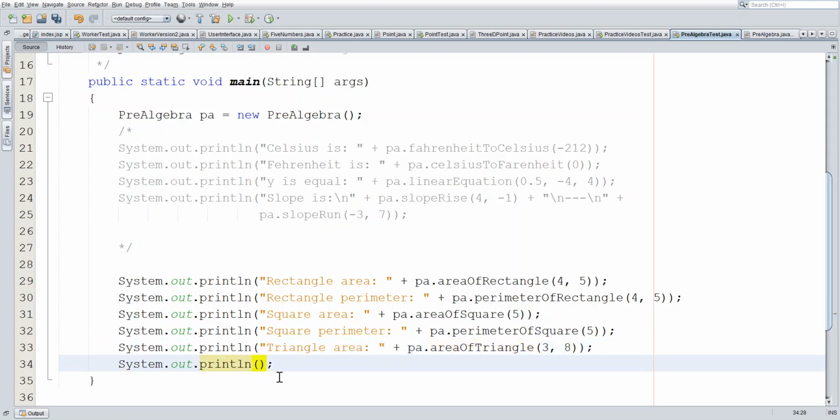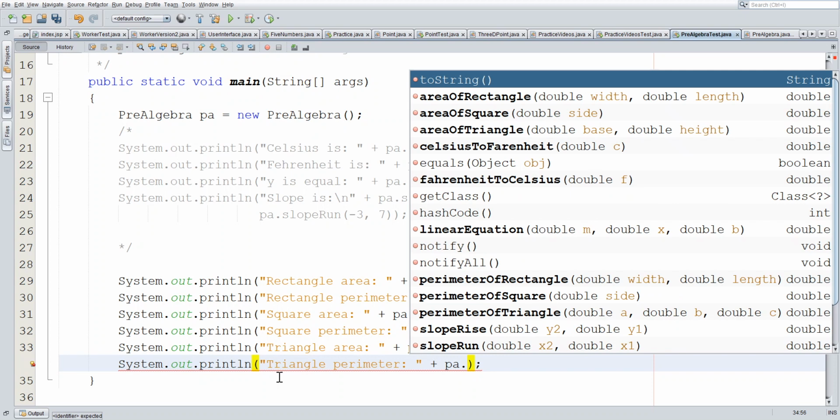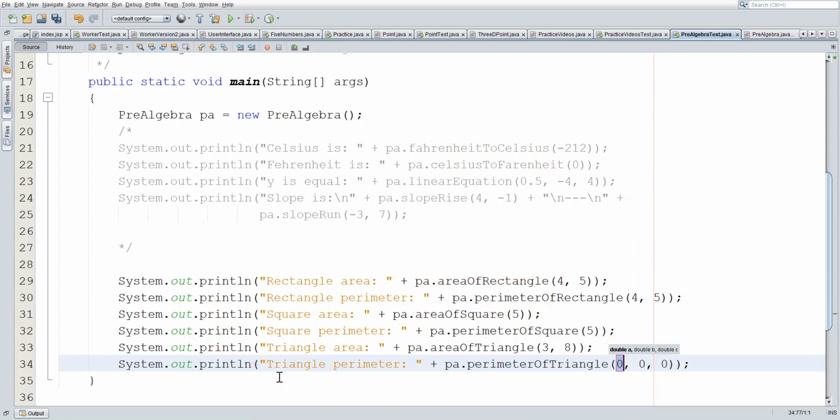And then finally, triangle, if I could spell it, perimeter. And then we're going to concatenate, so call our object. We'll call our object user object, and then let's call the method. And into this argument, I guess we'll just do 3, 4, 5. Good old 3, 4, 5, right? That's a well-known triangle to Pythagorean theorem.